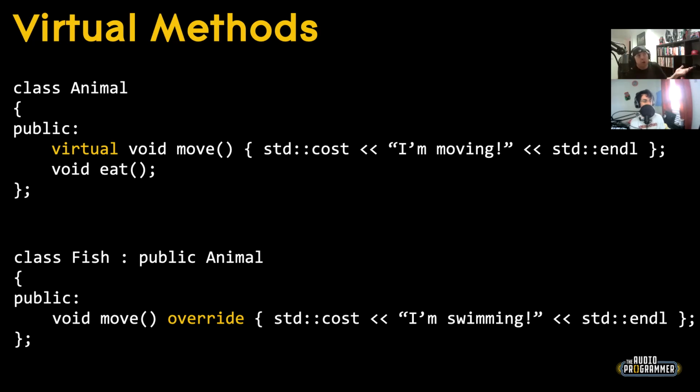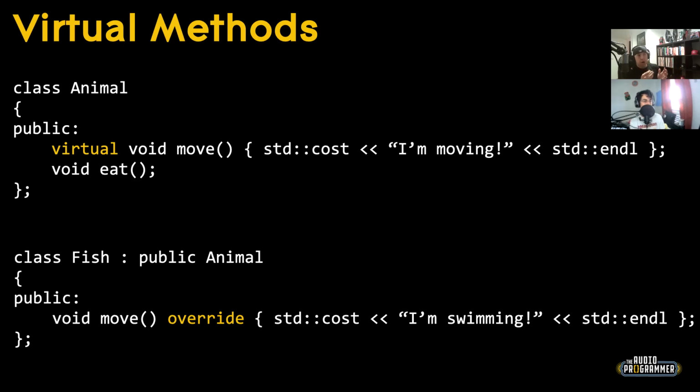So just to summarize, any animal that you may have is probably going to move in some way, right? But animals move in different ways. A horse may gallop, a dog may run, and a fish may swim.